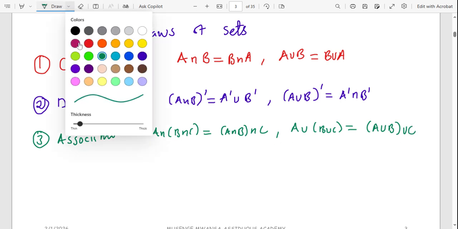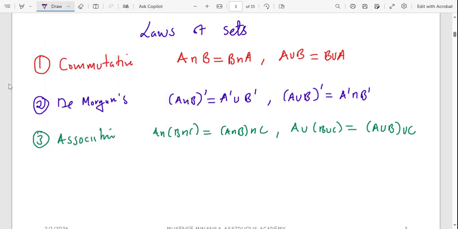And then the last one is known as the distributive law. It's basically the way that if you have x times, let's say, a plus b, it becomes xa plus xb.